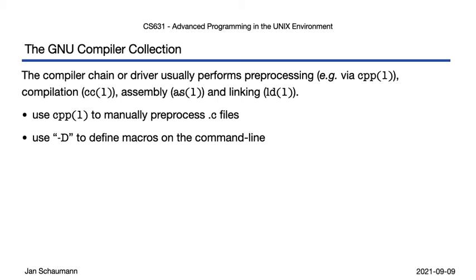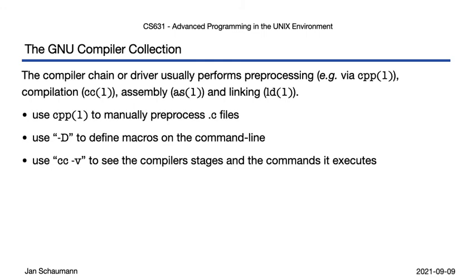That means that some flags passed to cc may be passed through to the different tools it might invoke. We'll see other examples of that in future videos. Finally, if we want to observe exactly what the compiler does, we can pass the -v flag. When doing that, we saw the different stages and different tools invoked as noted above.